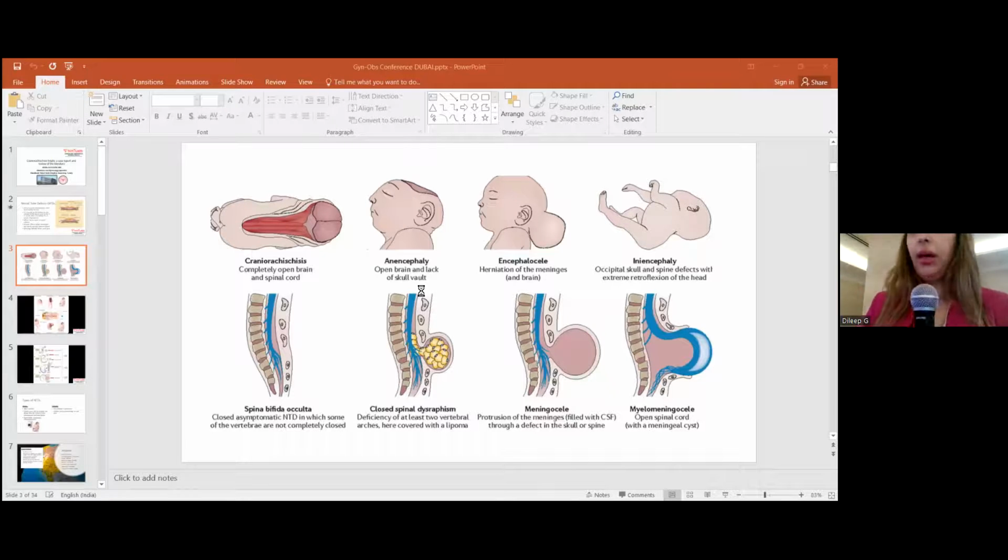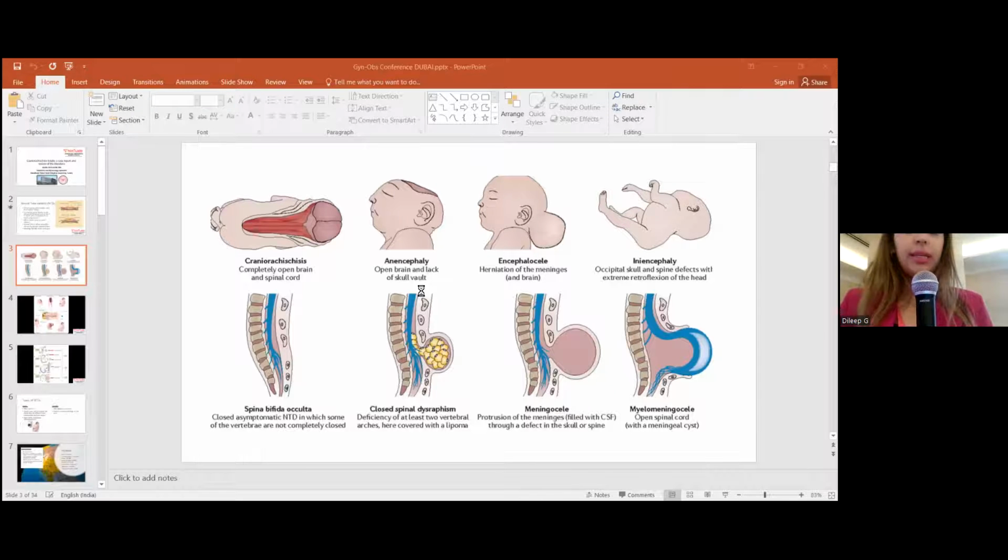Yes, now again, we can see the types of neural tube defects. Actually, it depends on the term of the pregnancy. If it begins in the first neurulation, or if it begins in the third neurulation, the appearances and the pathologies of the abnormalities change.